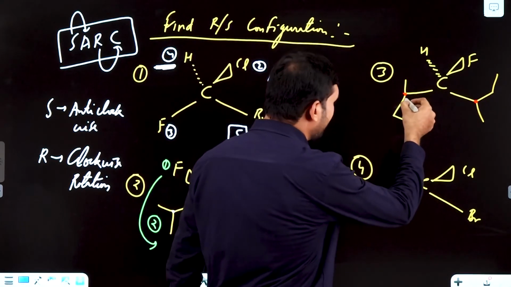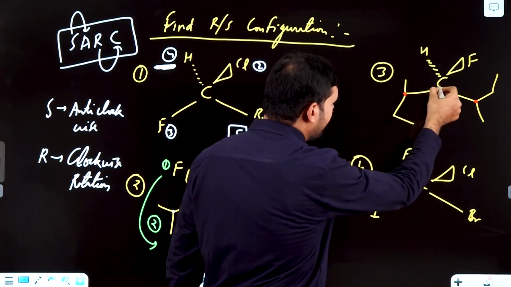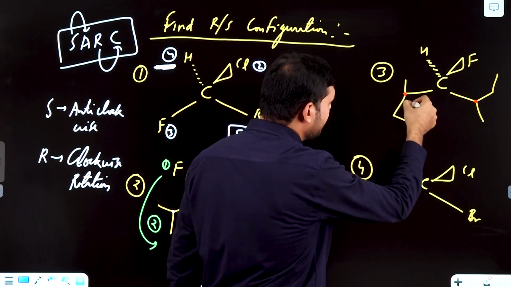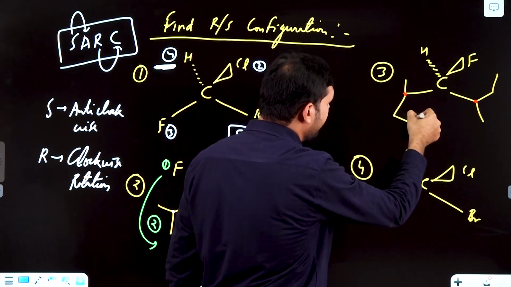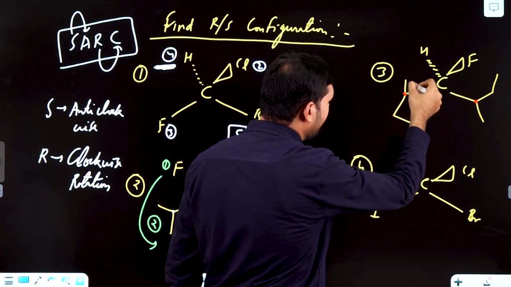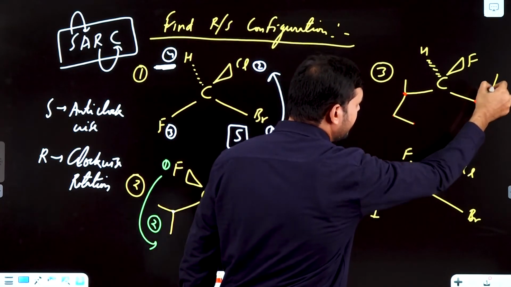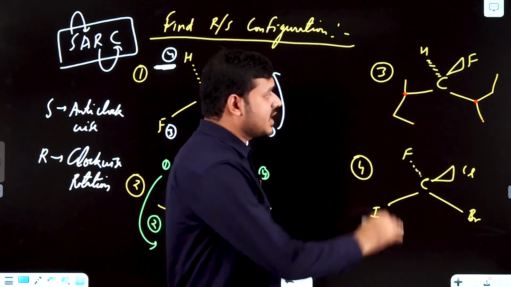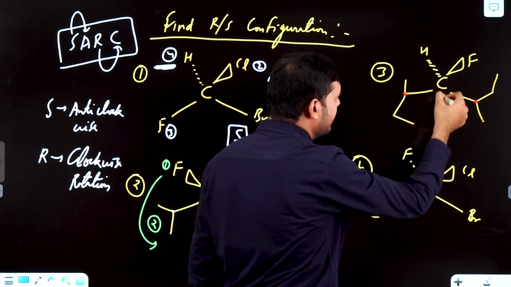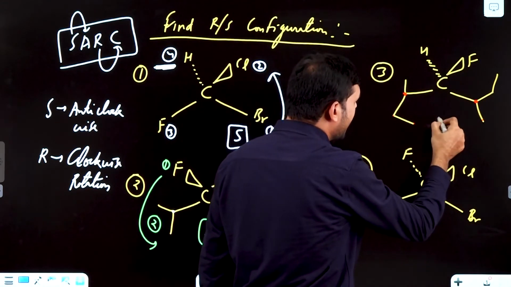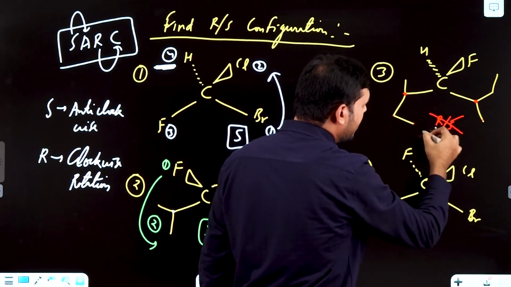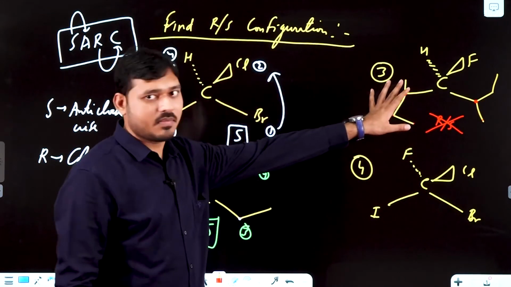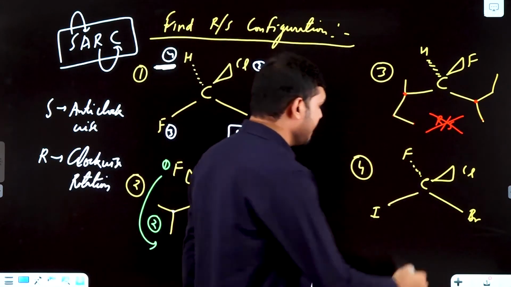Here it is what? From this carbon, this group is what? 1, 2, 3 carbon and 4. Here also 1, 2, 3, 4. Clear? So it is isobutyl group attached with this carbon. So both groups are same. So RS configuration is not correct to be studied in this carbon. Clear?